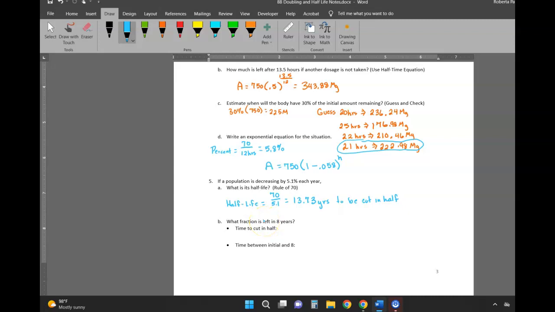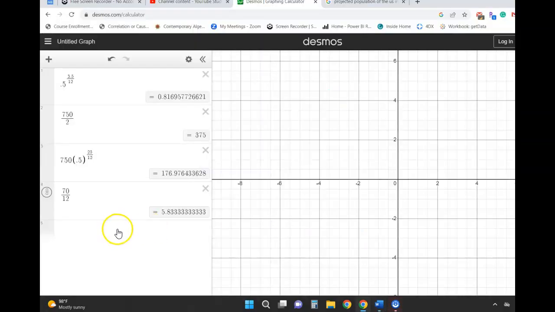All right, so what fraction is left in 8 years? If we know that it takes 13.73 years to cut in half, we know that it's going to be more than 0.5, because 0.5 is that half. The time to cut in half is 13.73 years, and the time from initial is 8 years. So we take 0.5 raised to 8 divided by 13.73, typing that into Desmos again.